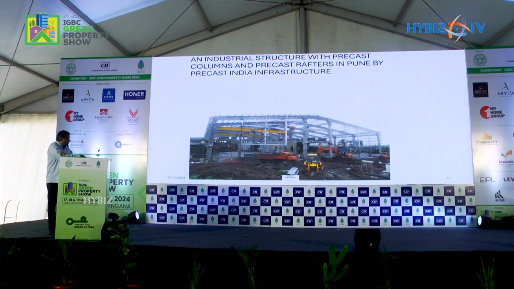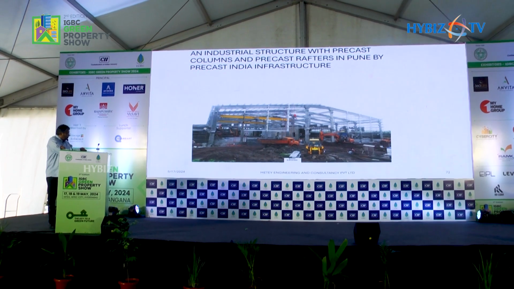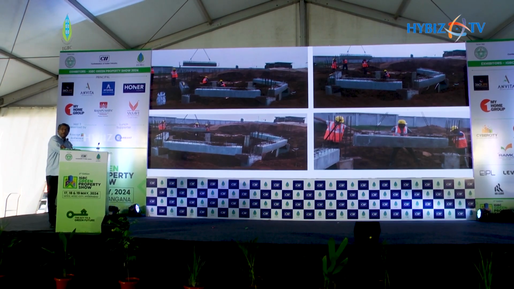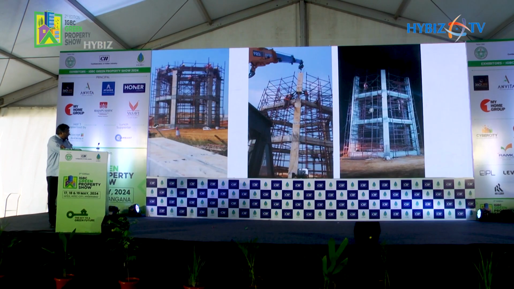Precast is coming to industrial structures also. Even for water tanks, we are doing precast, and the precast staging is all done. Very soon we'll be doing it for the overhead tank on the rooftop also.